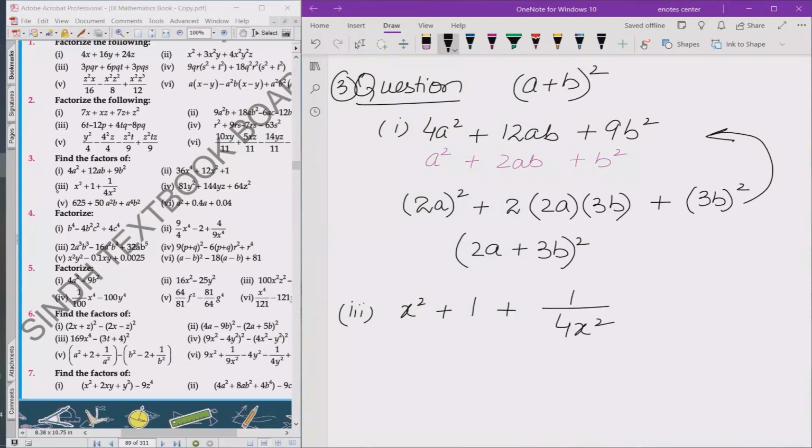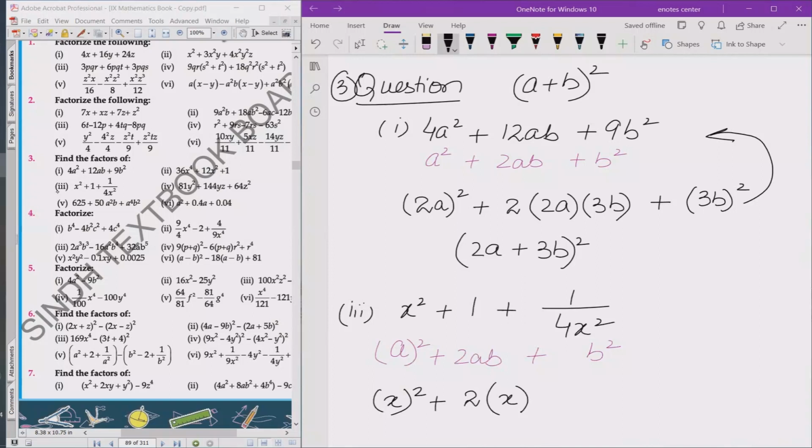How can we make this term (a plus b) square? First we will solve this one. This is a whole square plus 2ab and b square. So now we write x whole square plus 2 from the formula, and x is a.